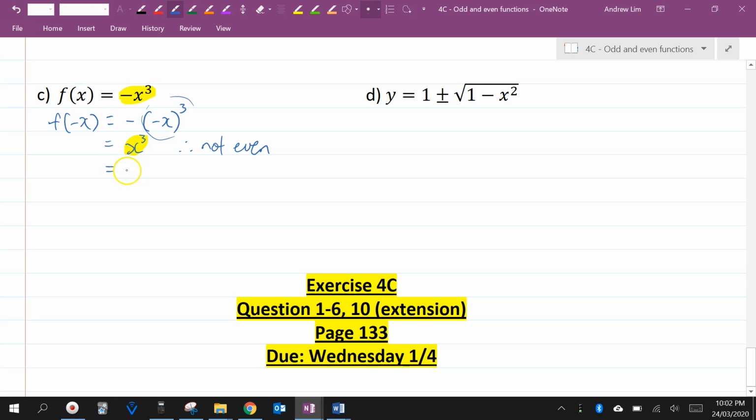I'm going to factorize out a negative. If I were to factorize out a negative, I'll be left with negative x cubed in the brackets, because negative times negative is positive. And hey, that looks familiar. That looks just like this, which is f of x. So f of negative x is equal to negative f of x. Therefore, it's odd.